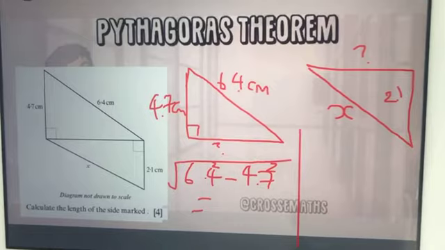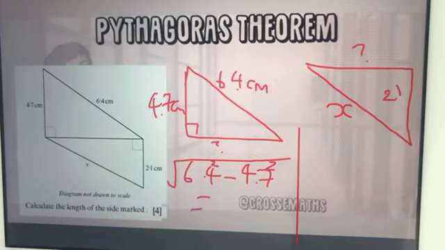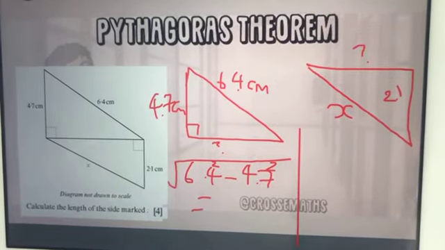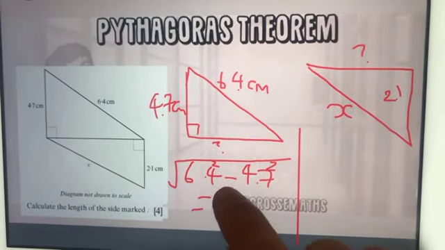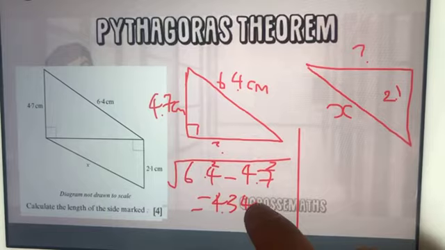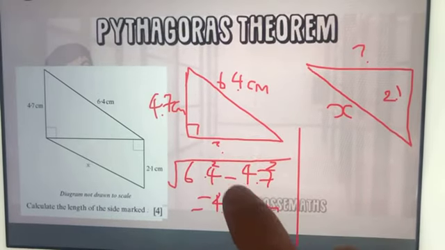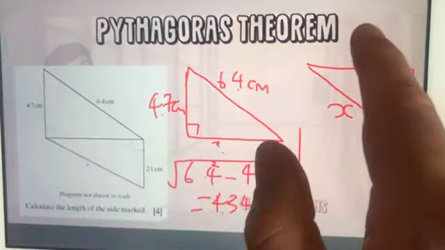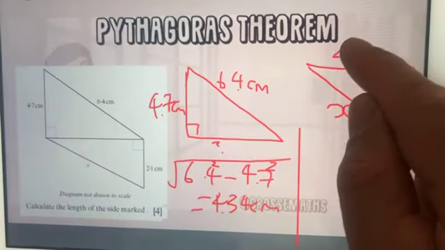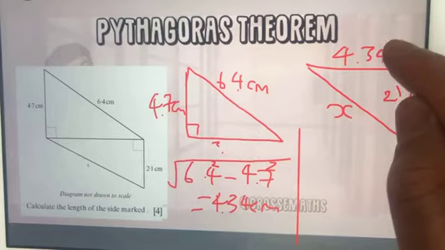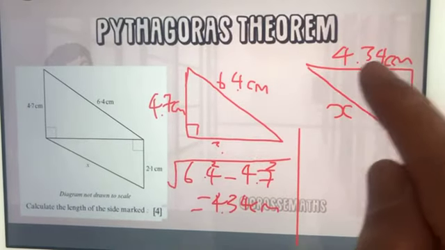On my calculator, 6.4 squared, take away 4.7 squared, square rooted, gives me 4.34 centimeters. So this question mark up there is 4.34 centimeters as well. I'm going to fill that in.